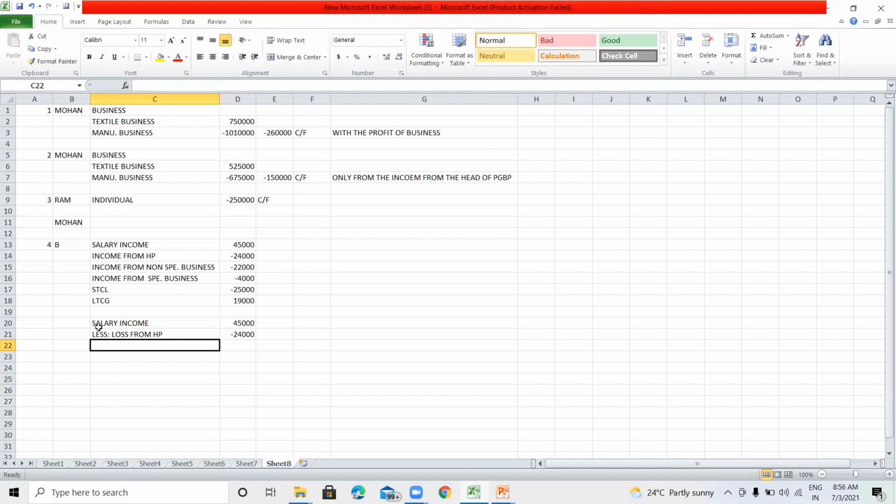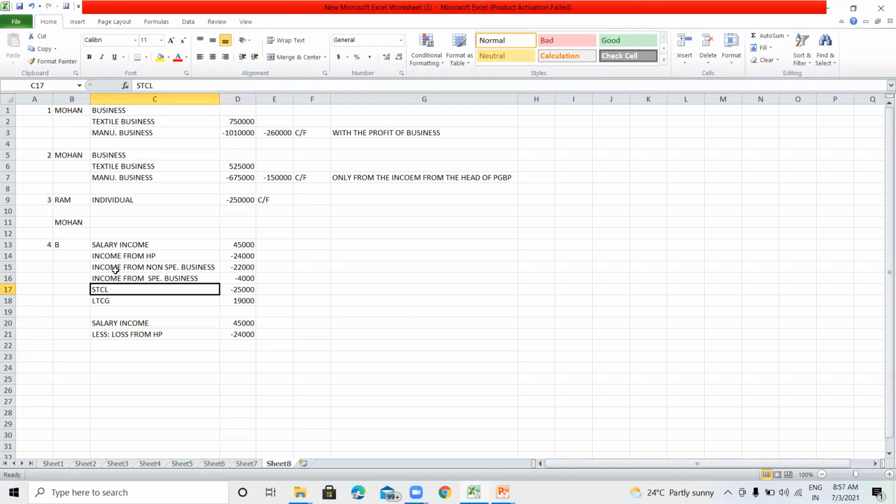If there is any loss from business, we cannot adjust it with the salary income. A business loss cannot be adjusted with the salary income. And a speculative business loss will not be adjusted with any other head of income. It will be adjusted only with speculative income.